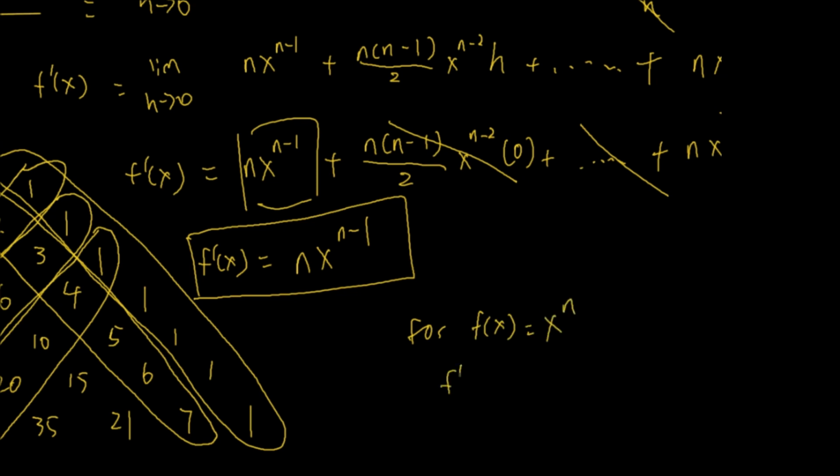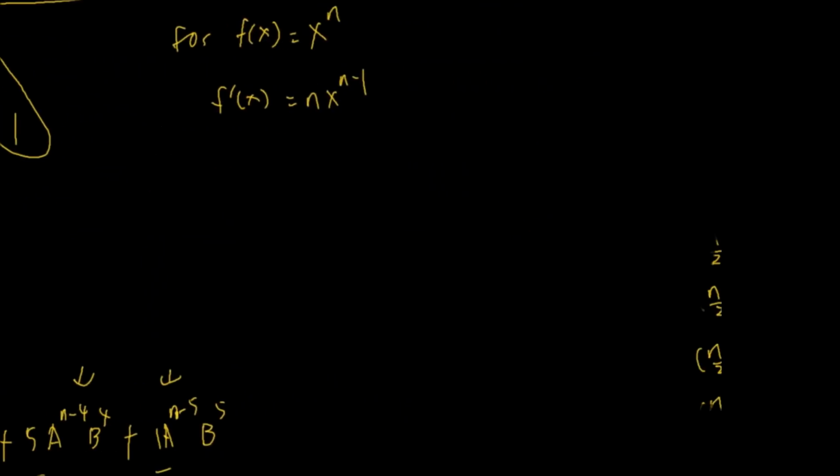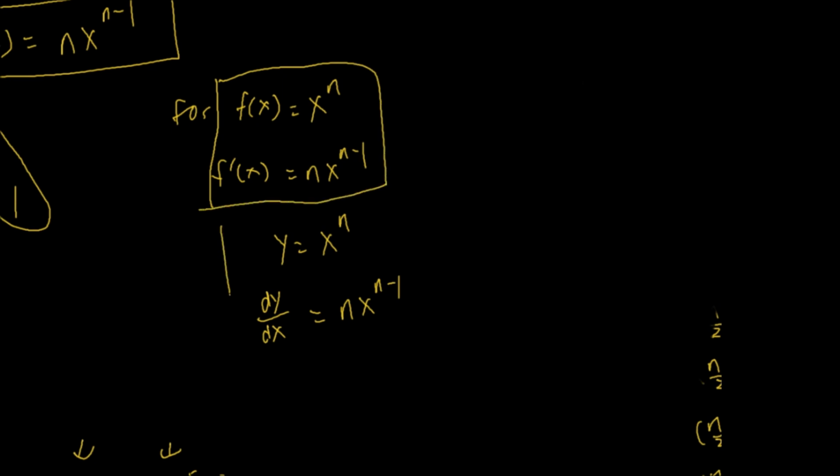And you know that f prime at x now is equal to n times x to the power of n minus 1. Or let's say you use the y notation. Let's say y is equal to x to the power of n. Then the derivative of y with respect to x is n times x to the power of n minus 1. So you can use this notation, or you can use this notation.